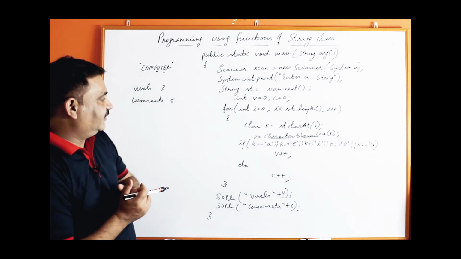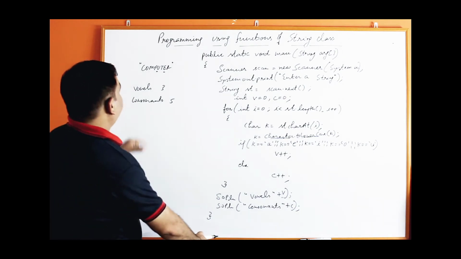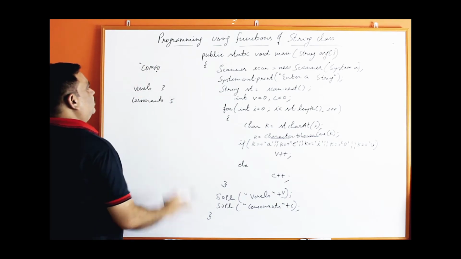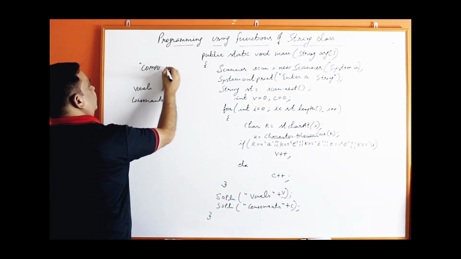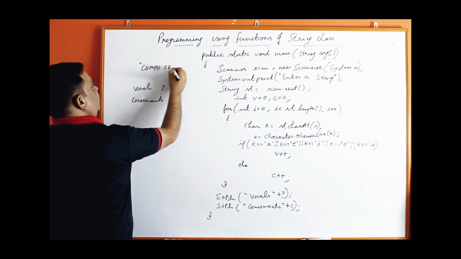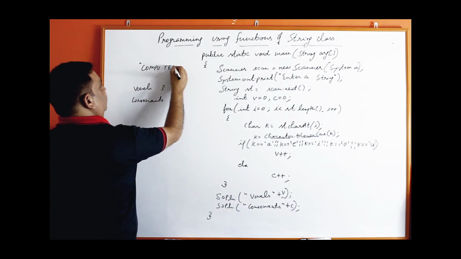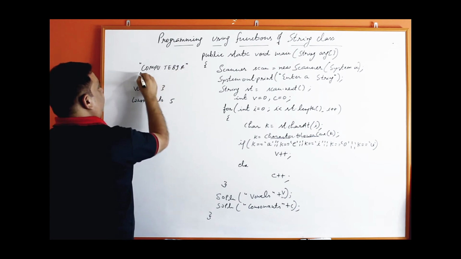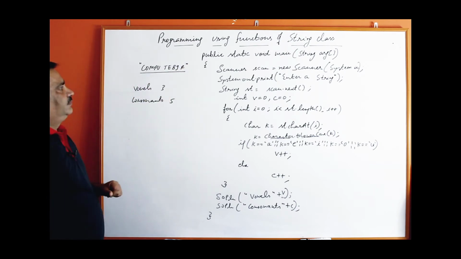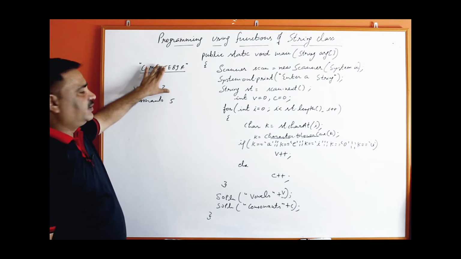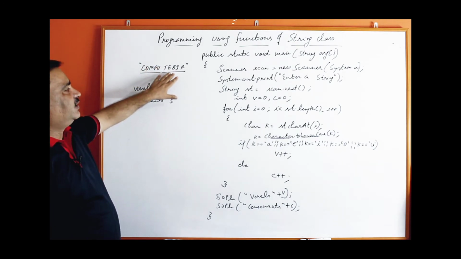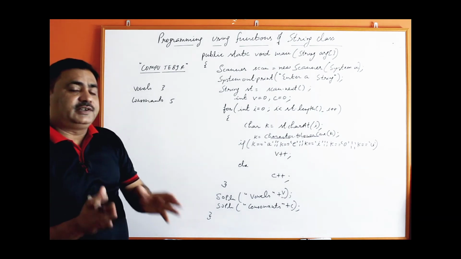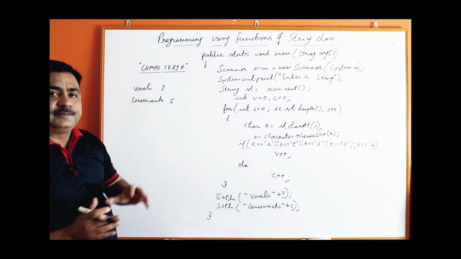One more thing can be there. If this word contains suppose some spaces or digits, suppose some space is there, T, E, suppose some digits are there, 8, 9, I am writing R. Suppose if the string is like this, which contains some spaces, maybe special characters, maybe digits, then we have to search only the vowels and consonants from the given string.